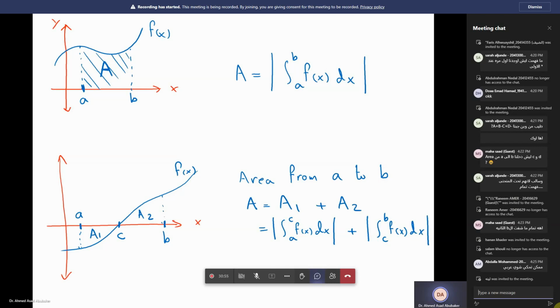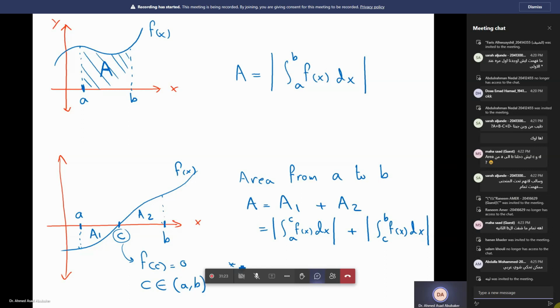So we have two parts. The value of C, we can find the C by f of C equal 0, and C must belong to the interval from A to B. So how can we find the C? Find the zero of f of x between A and B.